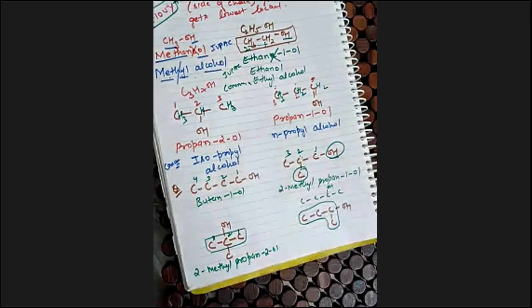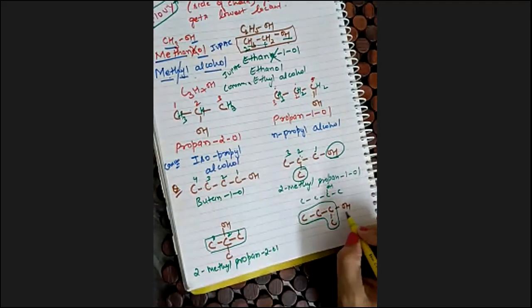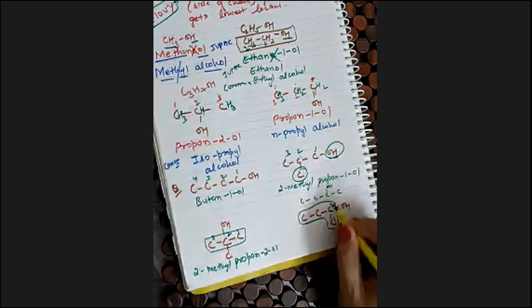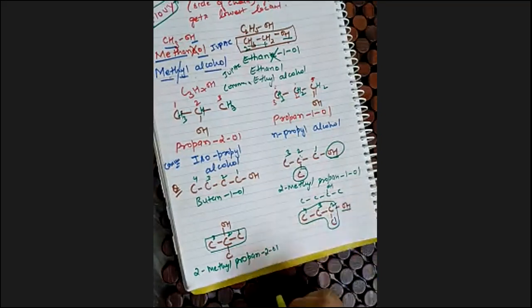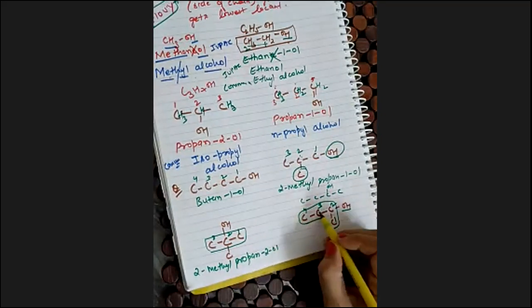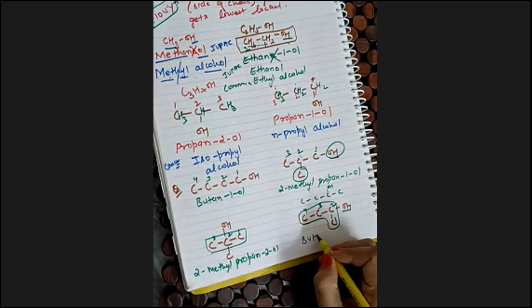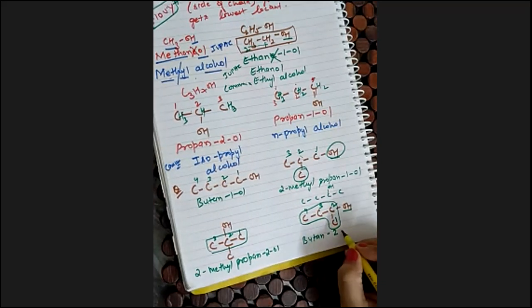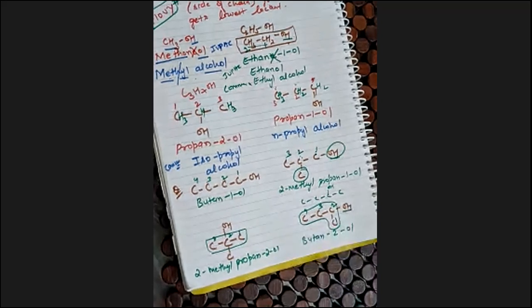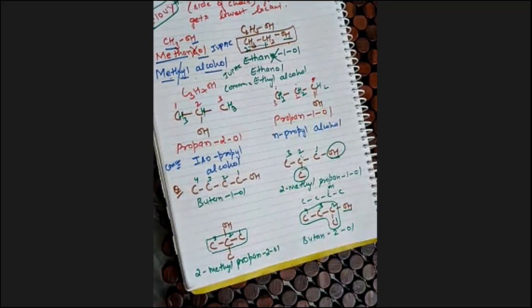To assign the nearest position, we will start numbering from this carbon: 1, 2, 3, and 4. On fourth carbon, we have ol. So 1, 2, 3, 4, butane, 2-ol. Clear? So this will be butan-2-ol.